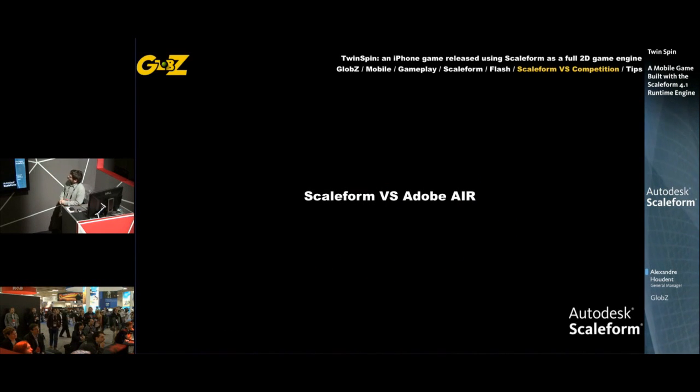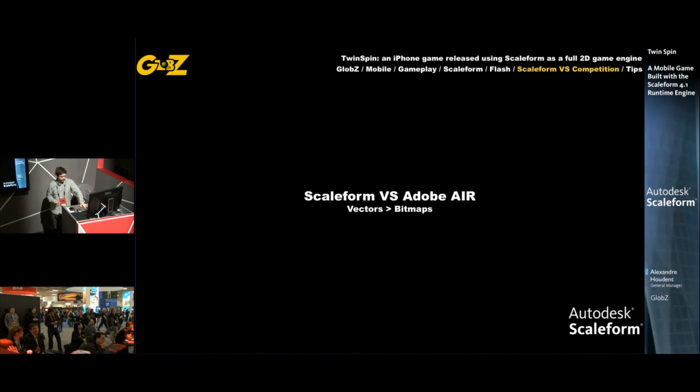Now I will speak a little about Scaleform versus all the tools we know, which is interesting to benchmark and see the strengths of all the solutions. It seems that the latest version of Adobe AIR, which is 3.2, is all about bitmaps, which is kind of strange for Flash, because the foundation of Flash is all vectors.